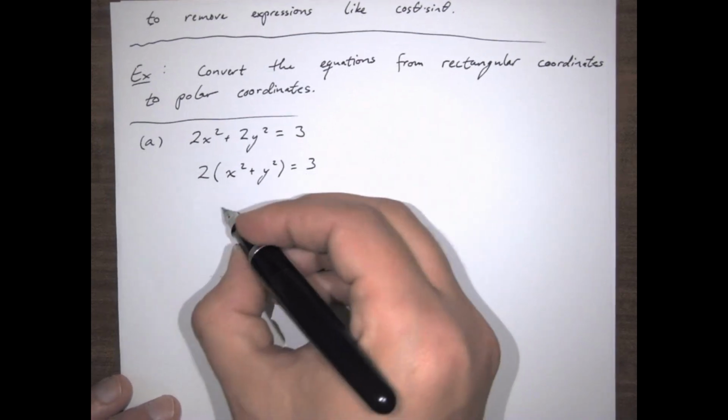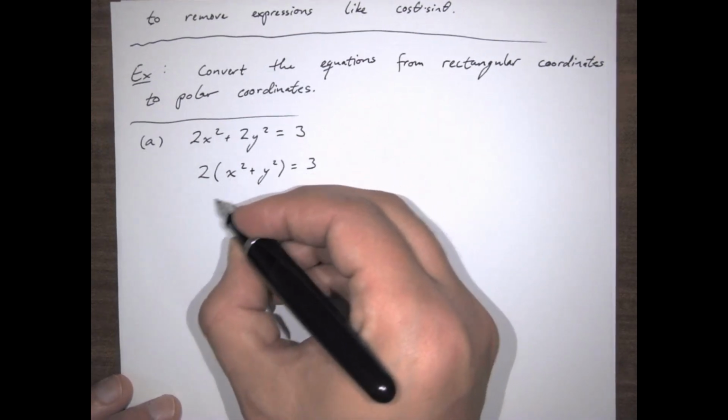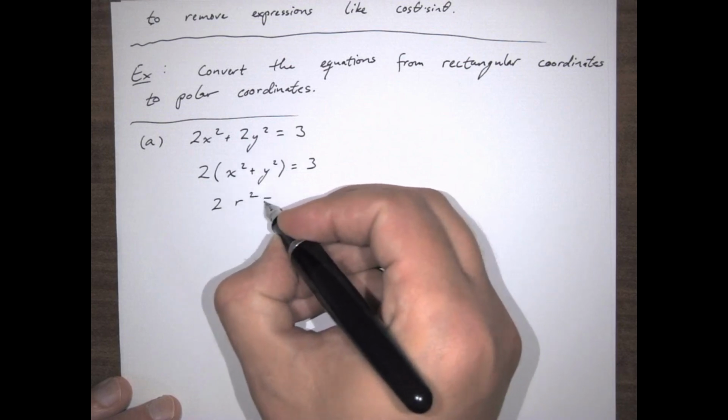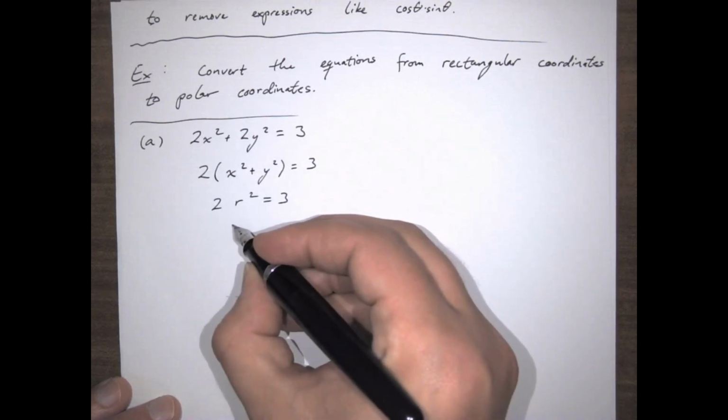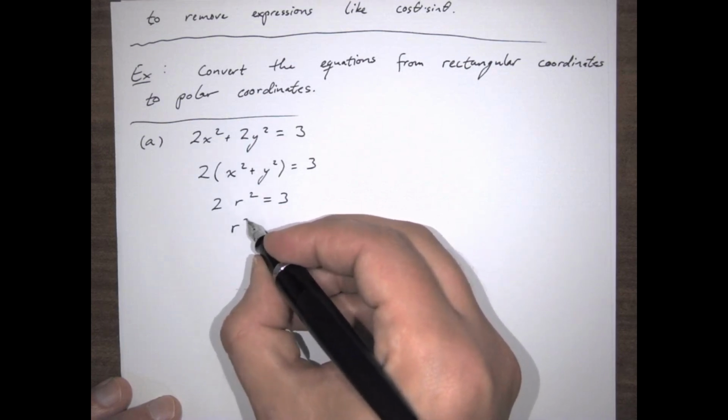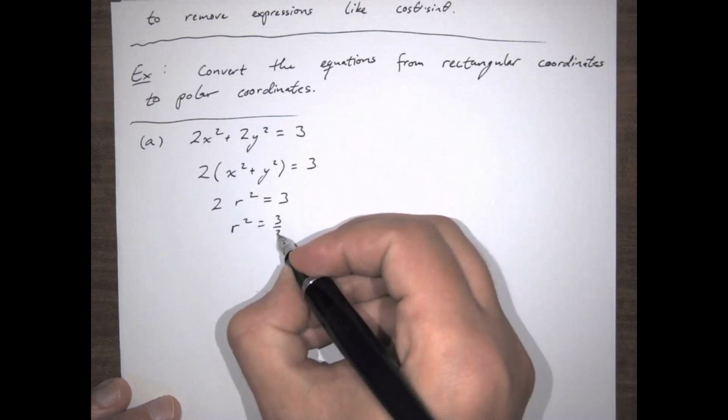So then perhaps I will write this as 2r squared equals 3, which maybe I would want to write as r squared equals 3 over 2.